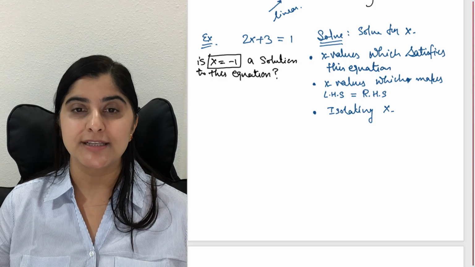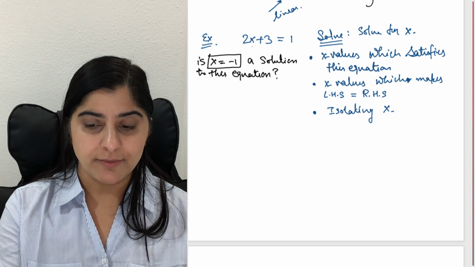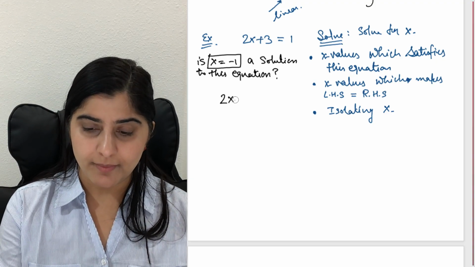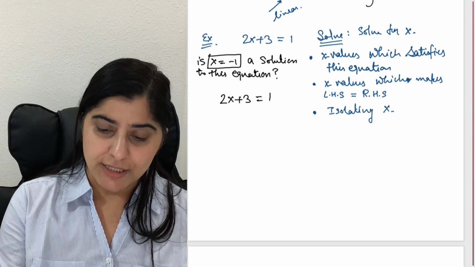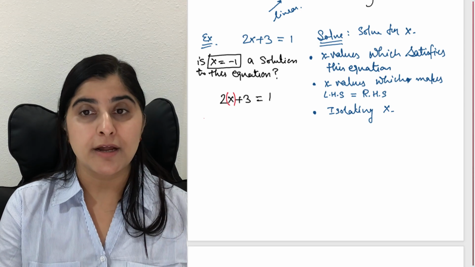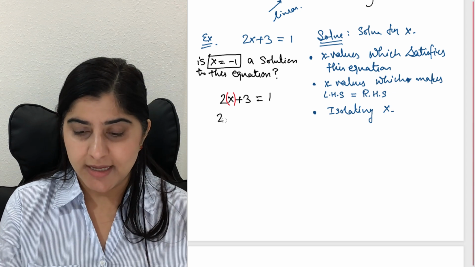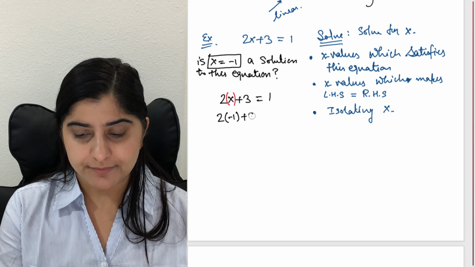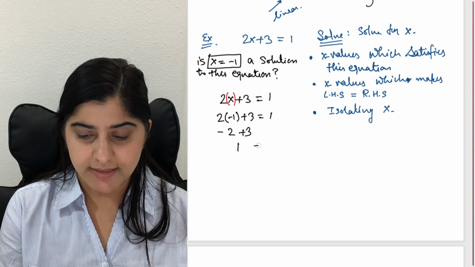Every solution will satisfy the equation. So what we will do is evaluate this equation at x equal to minus 1. First put parentheses around all the variables x and then substitute x with the value minus 1. We get minus 2 plus 3, which is 1, equal to 1.